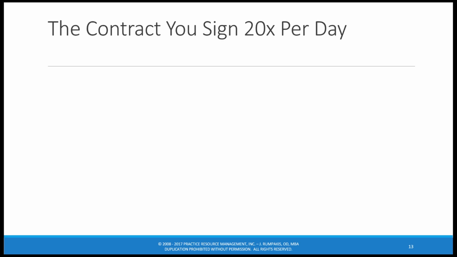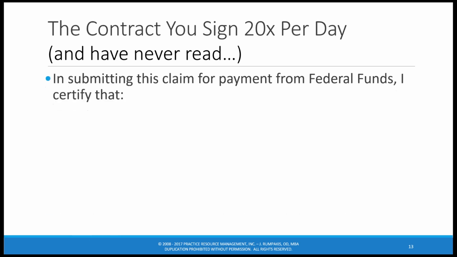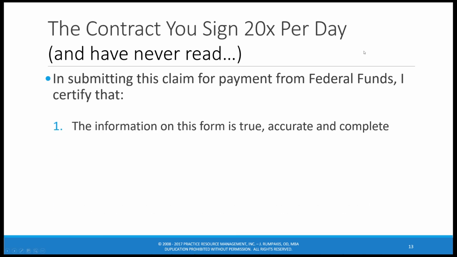Now remember, when you submit your CMS 1500 or the electronic version, the 837, here's essentially what you're saying, right? In submitting this claim for payment, and you can substitute federal funds for third-party funds, I'm just using Medicare as an example here, I certify that the information on this claim form is true, accurate, and complete.